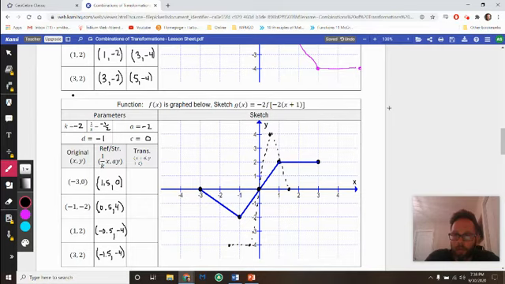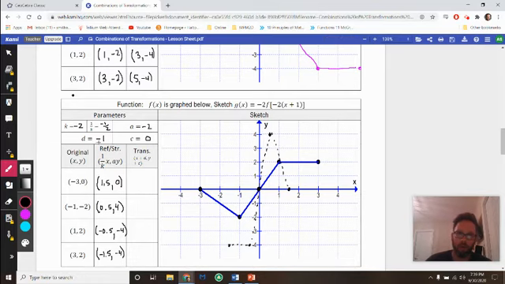So I'm just going to take a quick look. Does the shape look like I've reflected it vertically? Yes. And horizontally? Yes. And I've got a vertical stretch. I can see it being stretched out, but I can see all the x values being compressed. So everything looks decent. And now it's translated.